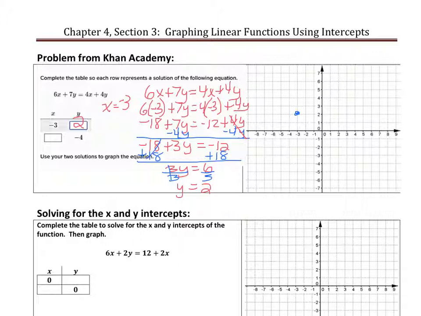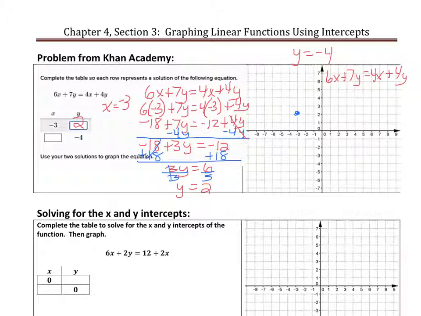So let's start substituting in. I'm going to have to use my graph area here. 6x plus 7y equals 4x plus 4y. I'm going to substitute in now y equals negative 4, because as you can see, we're told that y equals negative 4.